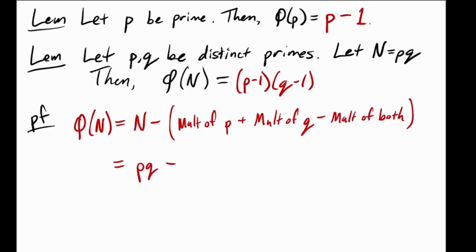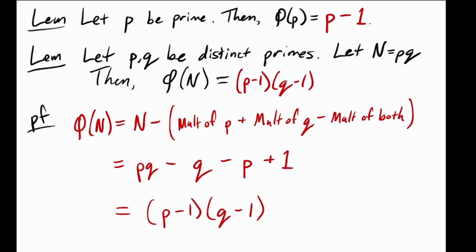So we only get 0 times p all the way up to q minus 1 times p. And so that's q different multiples of p. By the same argument, there's going to be p multiples of q. And the minus is plus, so plus 1 here. And that's exactly p minus 1 times q minus 1.